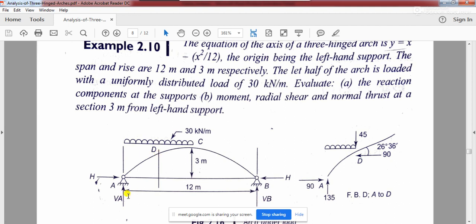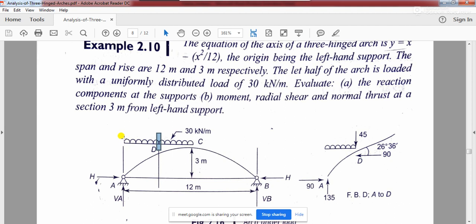See, you know VA, you know the value of VA. So you can take moment of this VA about this point D, because you know the distance from here to here, because this is 3 meter. You know the load from here to here, that means out of this 6 meter load, 3 meter load is going to create moment about this D when you are going from this left hand to here.